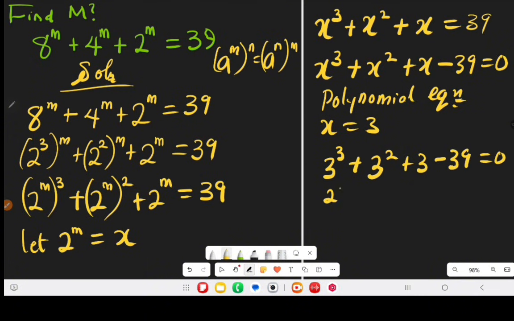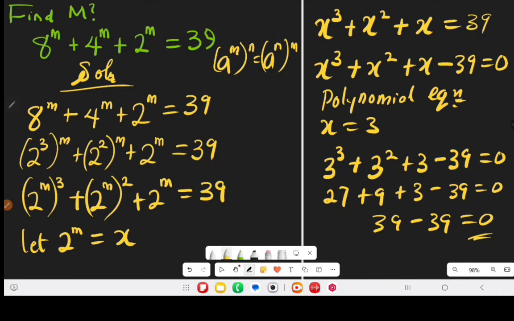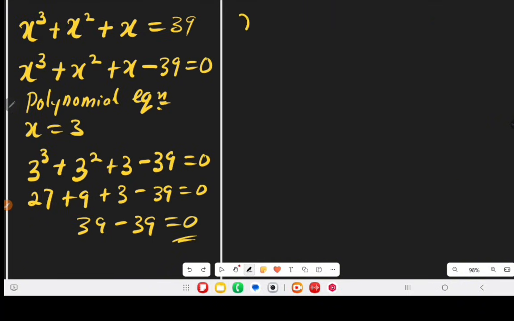This is 27 plus 9 plus 3 minus 39 equals 0. 27 plus 9 plus 3 gives us 39, minus 39 equals 0, which is a factor. Then x equal to 3 is a factor.